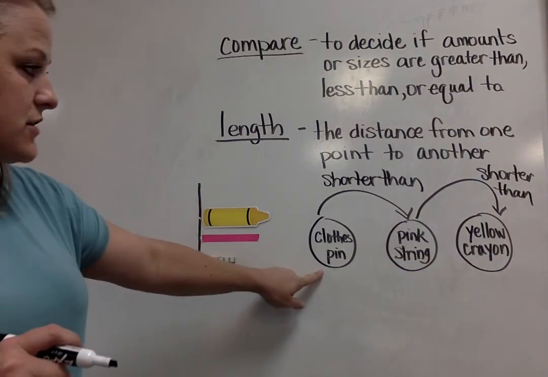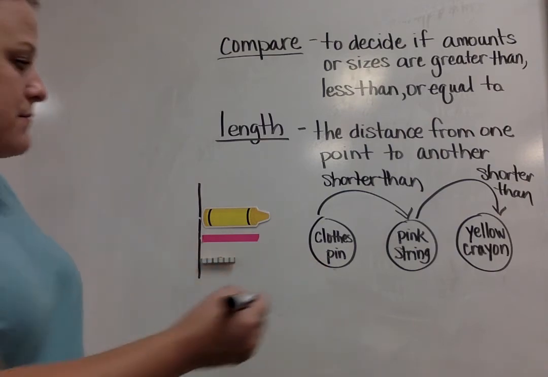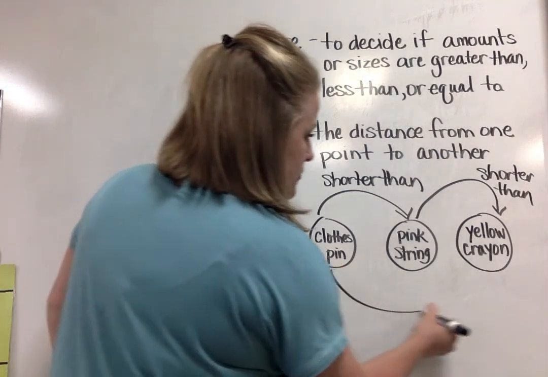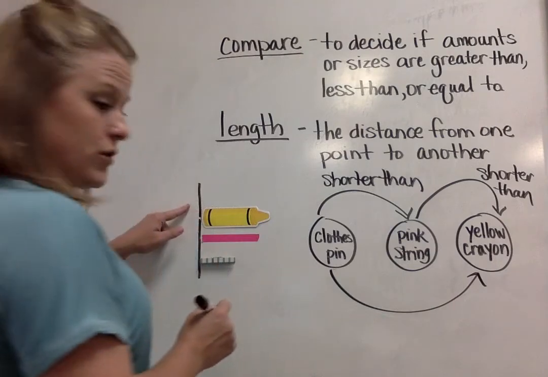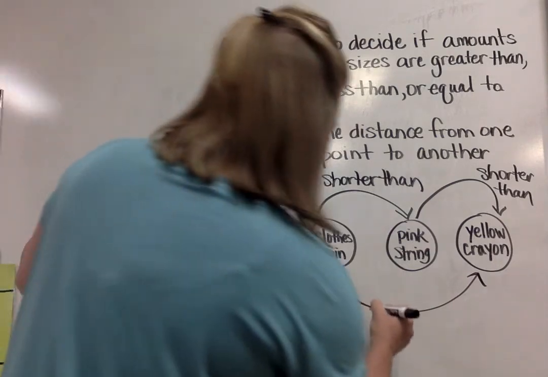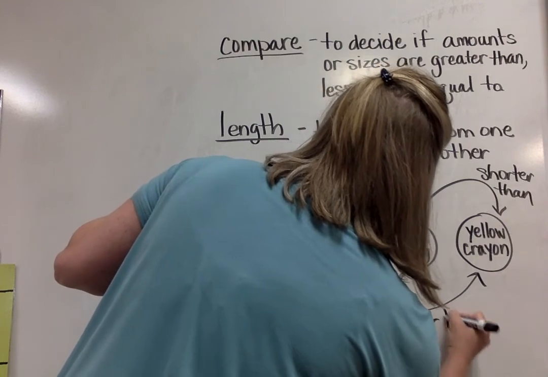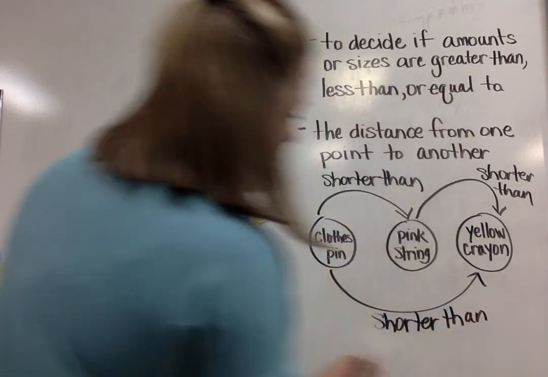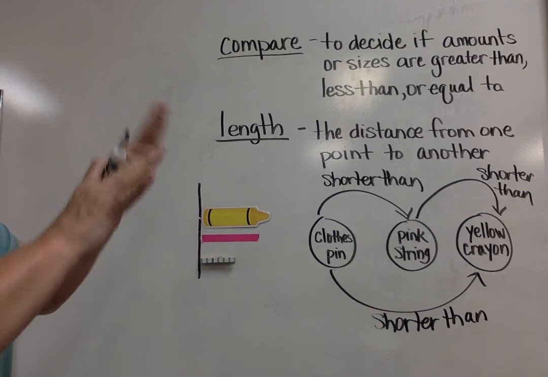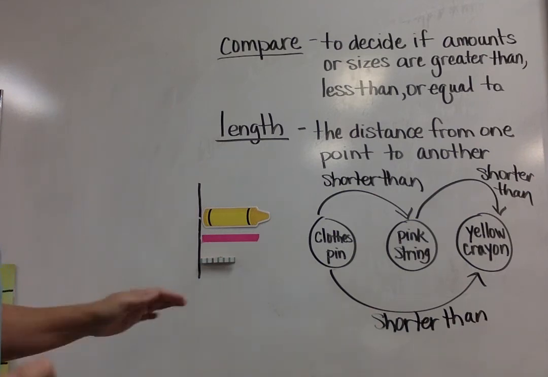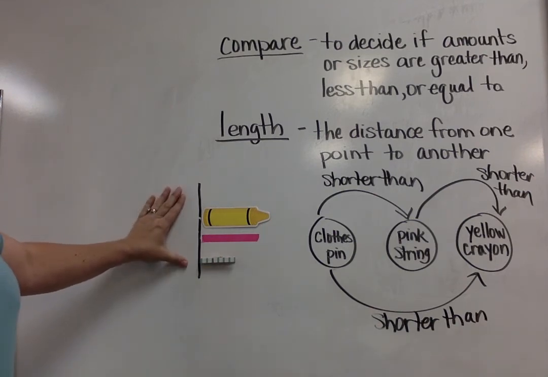If I start back at my clothespin, my clothespin is shorter than the yellow crayon. Now this would help you organize your thoughts in your mind when you are comparing more than two objects.